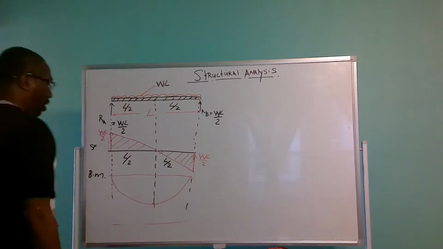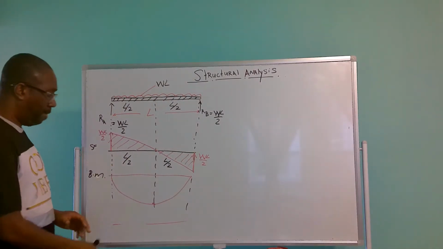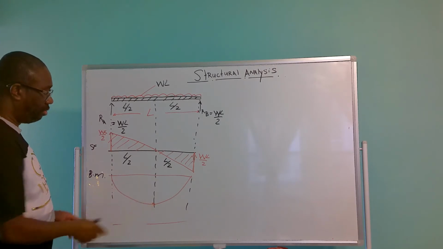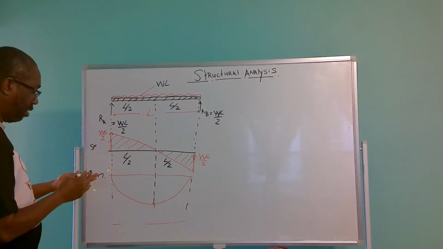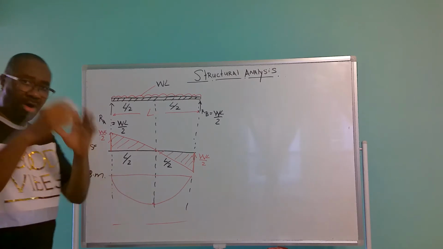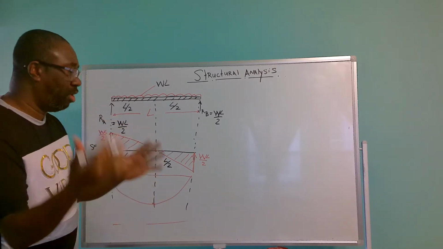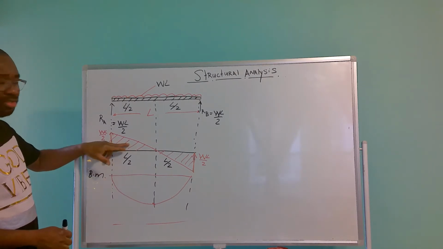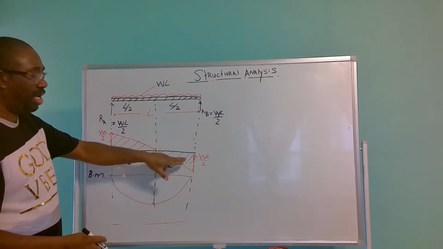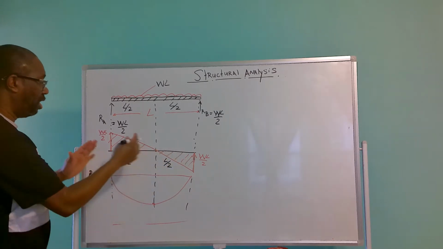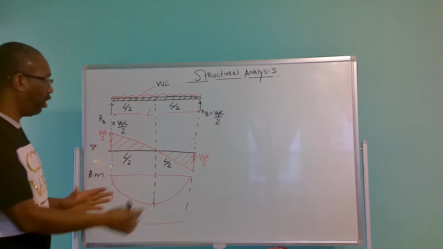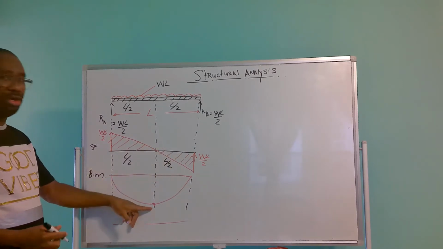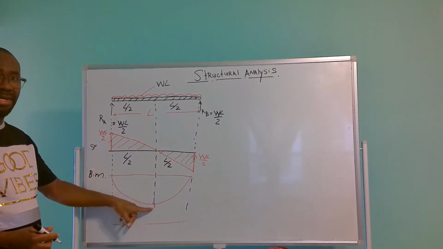So the maximum bending moment is going to be at this point here, right? It is going to be the area of this triangle, because this system is in symmetry, so you can find the area of either of these triangles to determine the maximum bending moment.